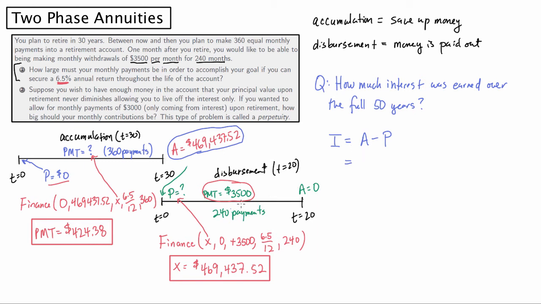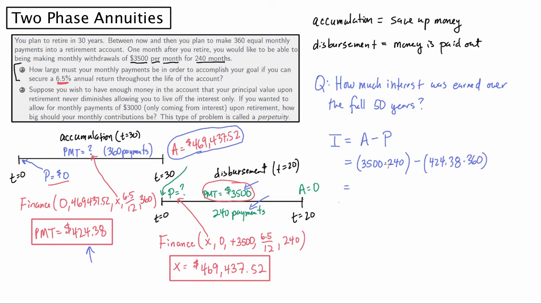If you look here, I paid myself $3,500 240 times. And so the future value of this account is the $3,500 I paid myself in 240 equal installments, minus the principal, which is the amount of money that you put in, and you paid $424.38 for 360 payments.